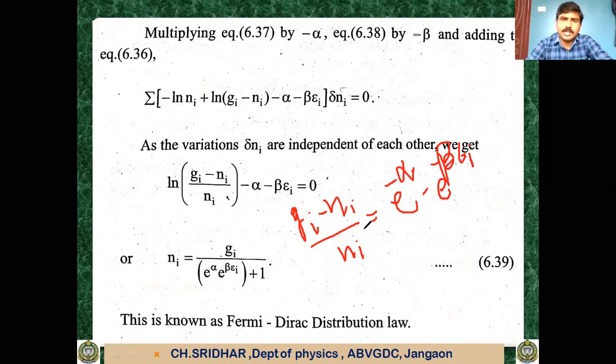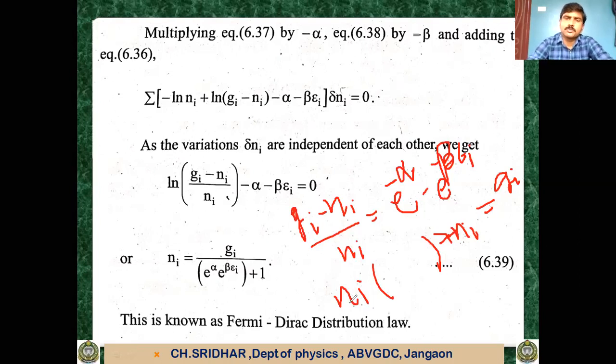And if you want to write for Ni, this will be Ni into the whole term e power minus alpha into e power minus beta Ei, and this Ni comes this side, so it becomes plus Ni is equal to Gi. So on taking Ni as common, we are left with e power minus alpha into e power minus beta Ei plus 1 into Ni, and so Ni is equal to Gi by this term.